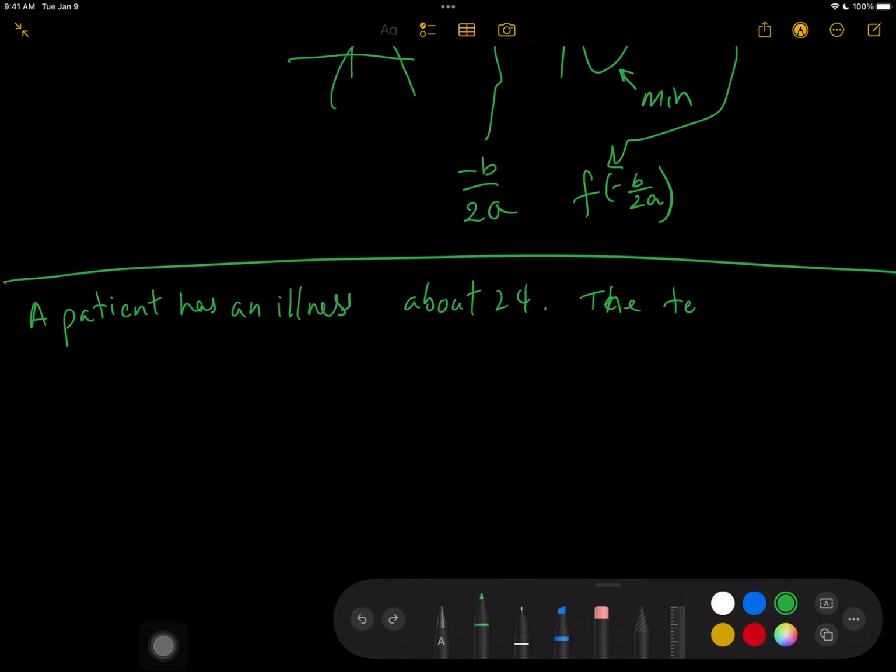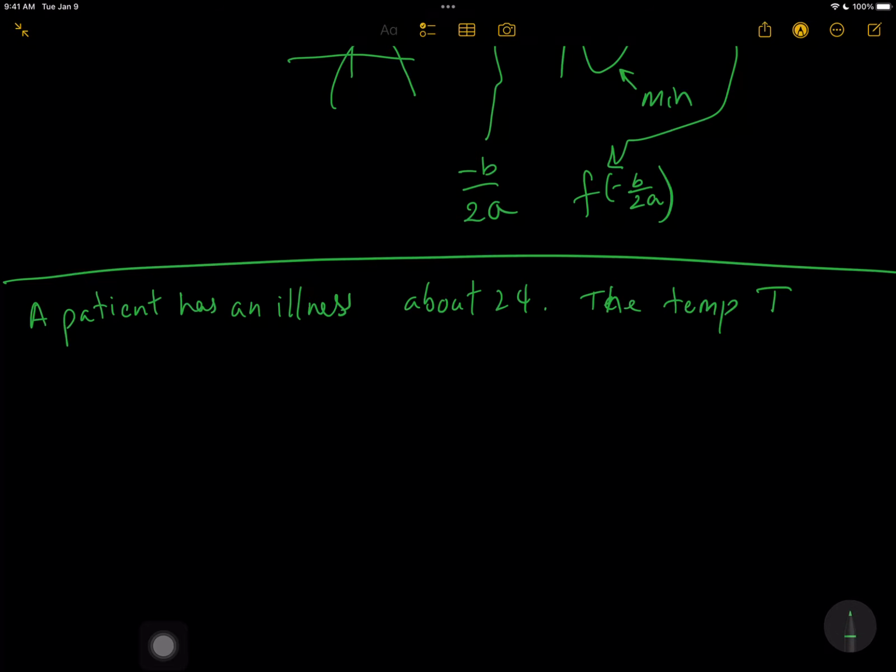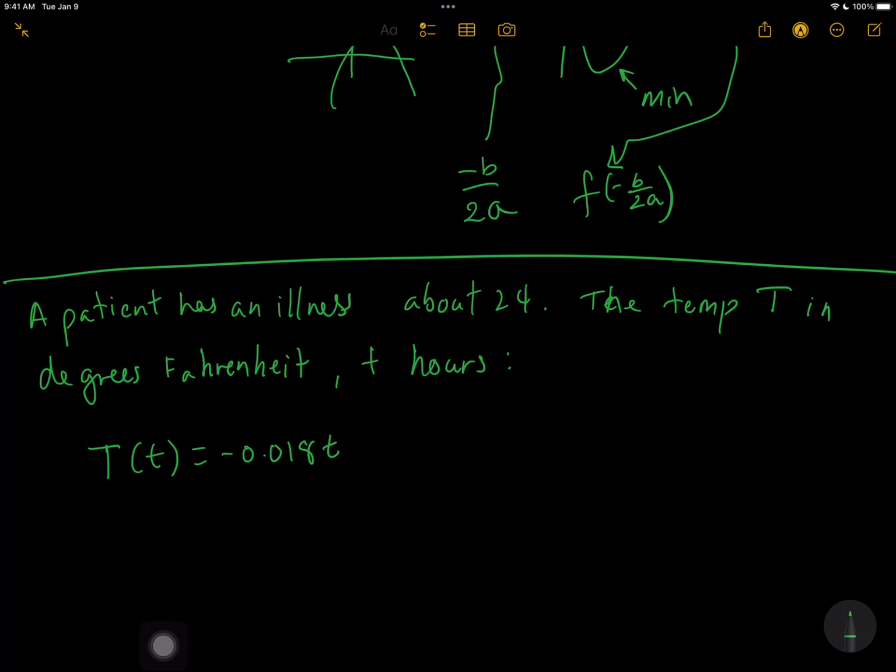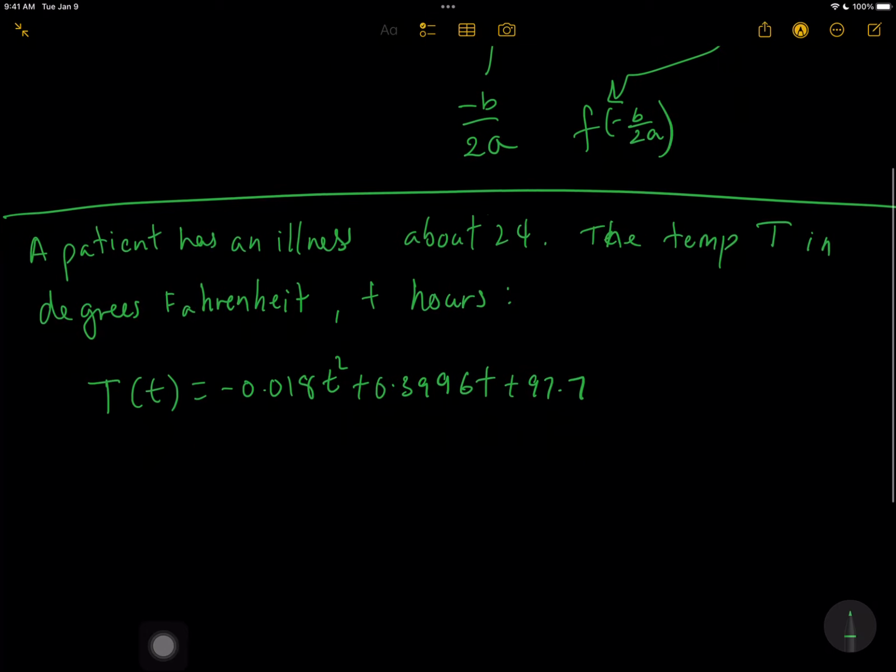The temperature, capital T, in degrees Fahrenheit, for t hours after the illness is given by T of t is equal to negative 0.018 t squared plus 0.3996 t plus 97.7.